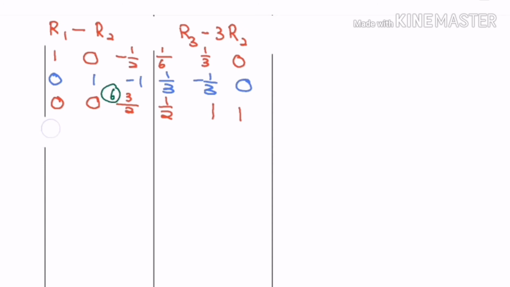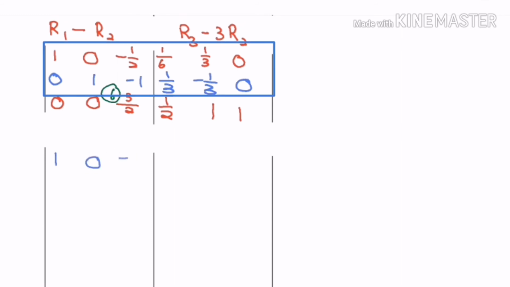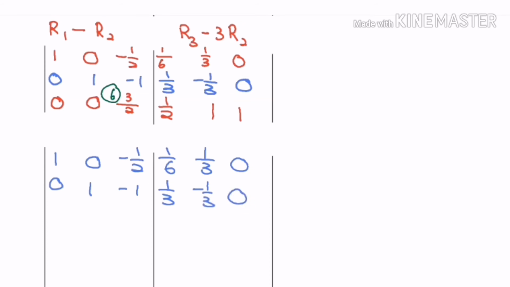So now my focus is to convert it to become 1. So as usual, row 1 and row 2 won't change, so I'm just copying. Okay, so now my focus is row 3.